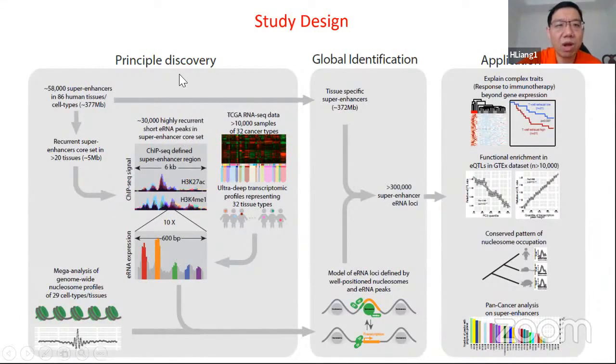And then we can generalize this principle to a global identification of super enhancer loci. Here we end up identifying 300,000 super enhancer loci. And then from there, we also try to understand how those enhancer loci are defined. And then with this high resolution map, we can carry out a series of applications.